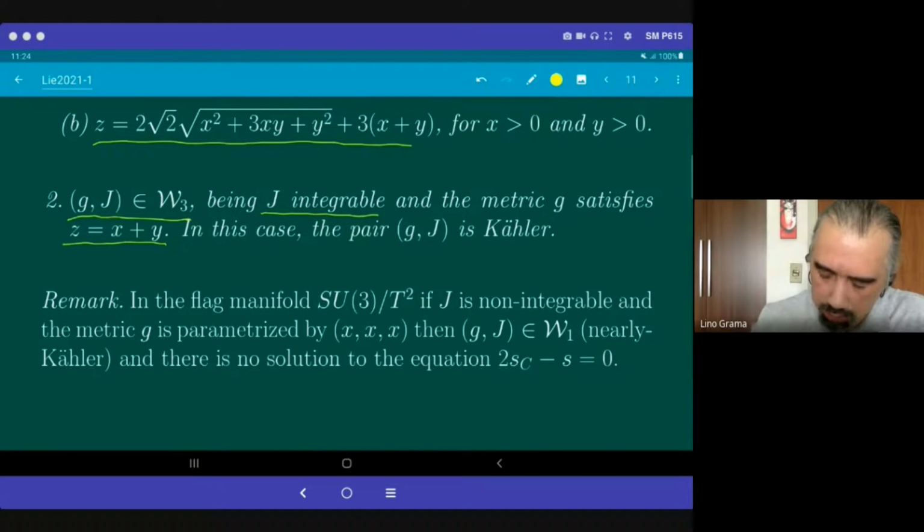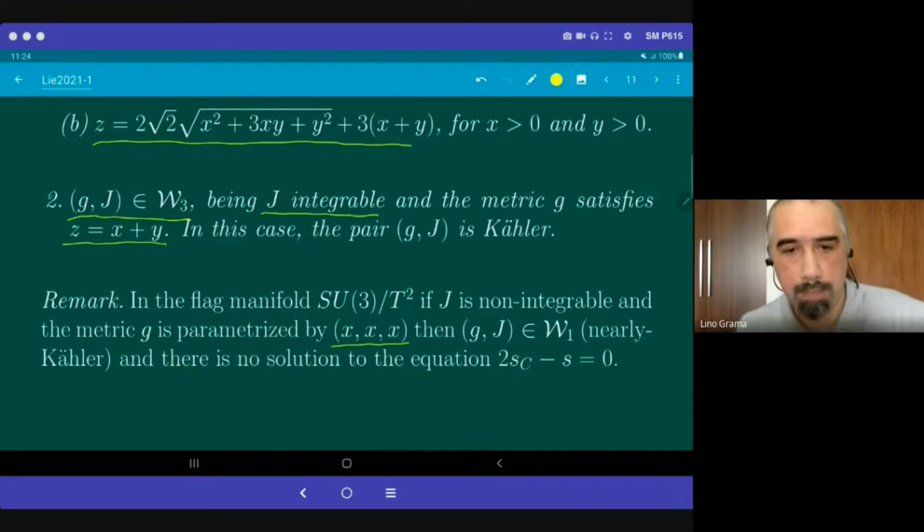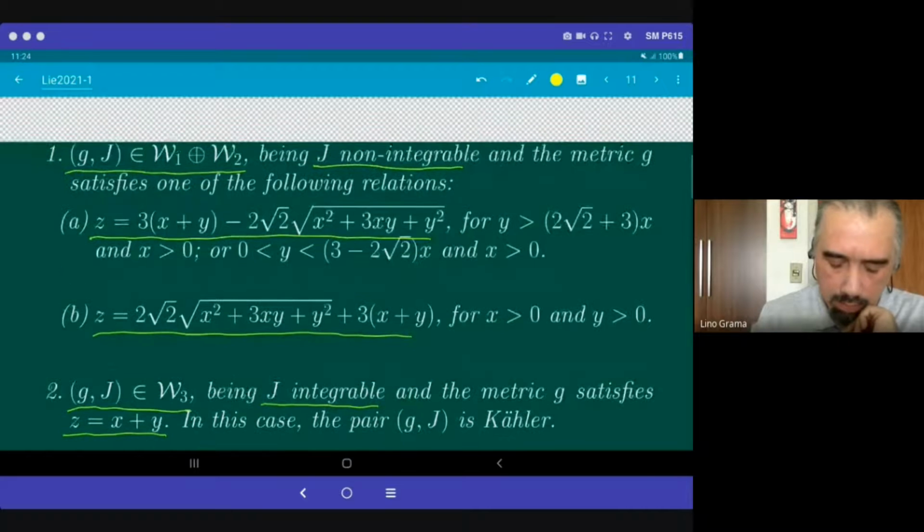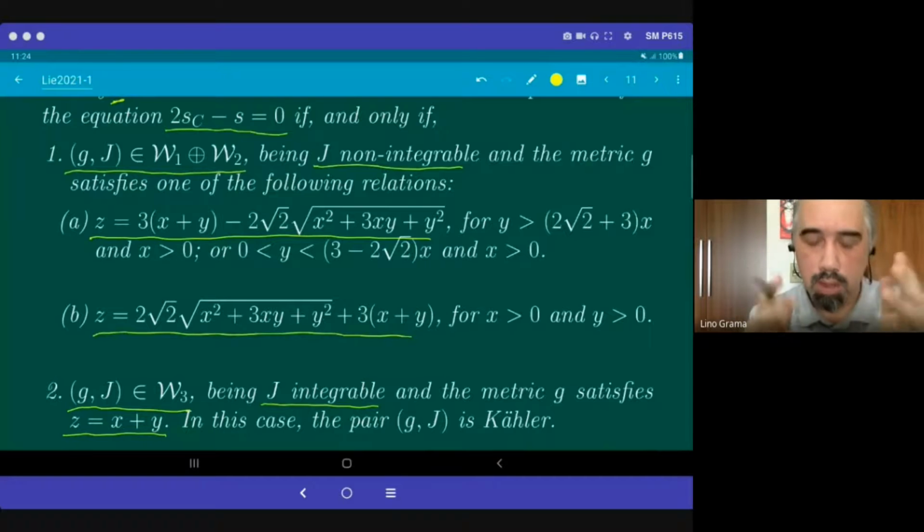Just to remark, if you take three equal numbers, this belongs to the W1 Gray-Hervella class. This is nearly Kähler, and there is no solution to this. We need to take the Hermitian structures belonging to the two components.